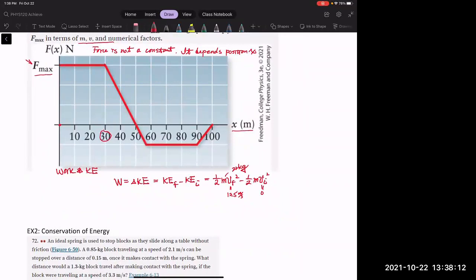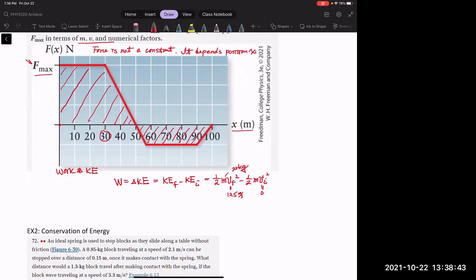If you have a graph, the work is equal to the area under the curve, or between the graph and the x-axis.